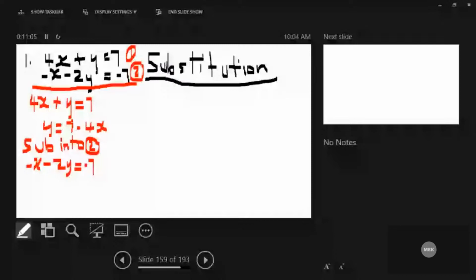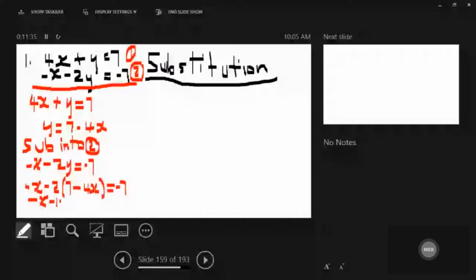So -x minus 2 times (7 minus 4x) is equal to -7. So -x, now we expand the bracket. -2 times 7 is -14.